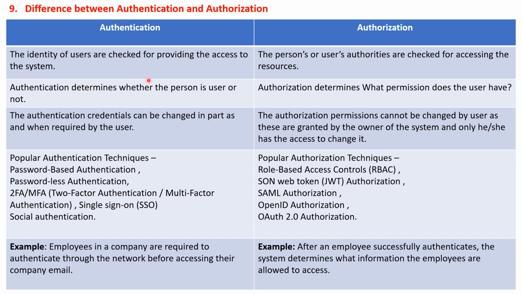And authorization determines what permissions the user has. If I am a Flipkart customer, it will check what resources I can have, whether I am a Flipkart Plus member or not, whether I am eligible, and what rules apply to become a Plus member. This is called authorization.